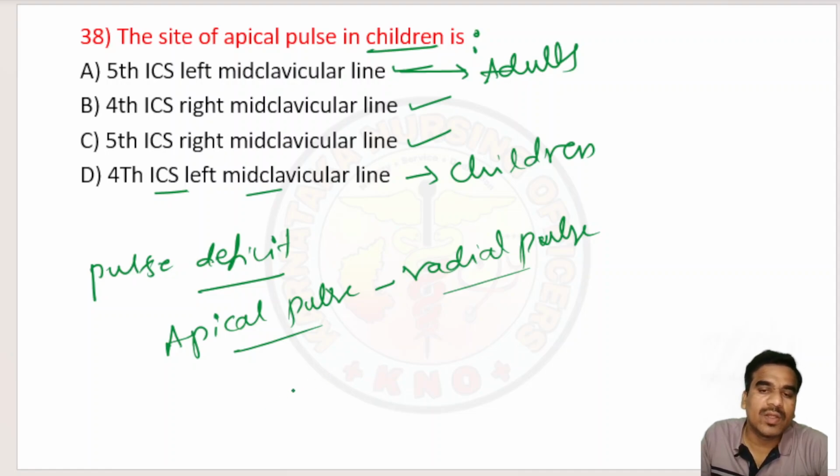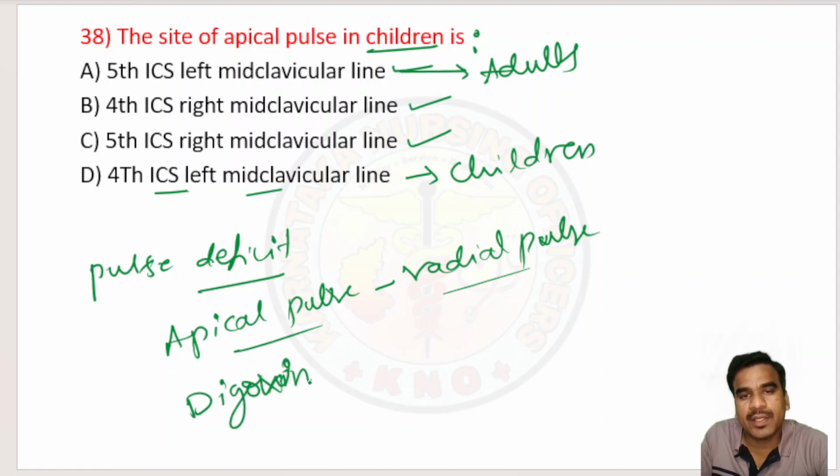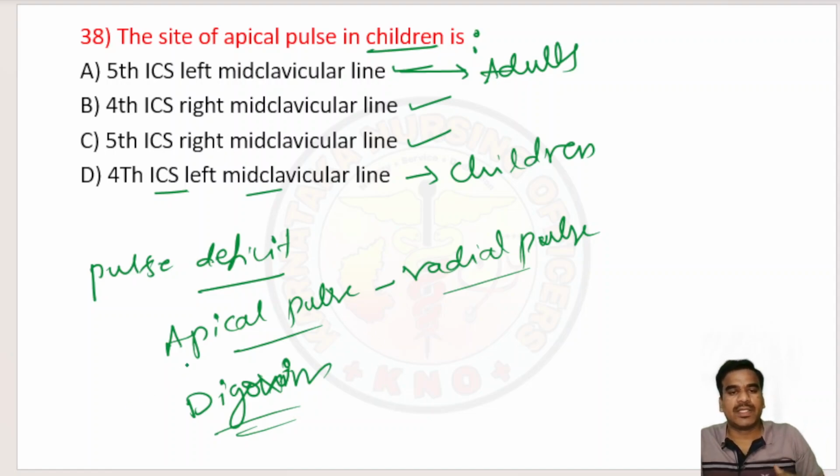At the same particular time we need two persons to calculate this. Whenever we are administering digoxin, we check the pulse deficit, calculating the apical pulse and radial pulse.